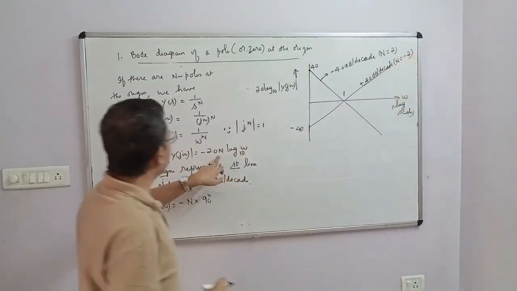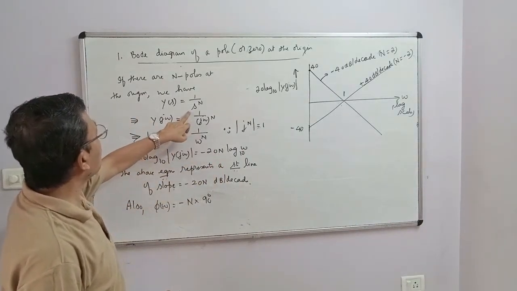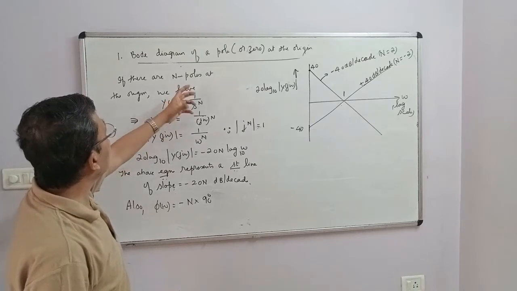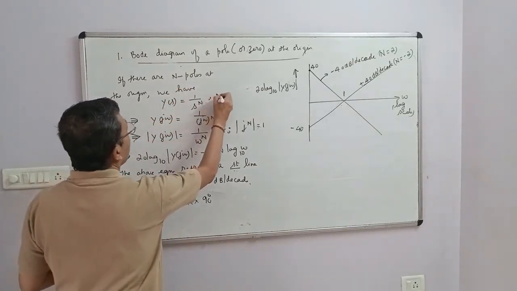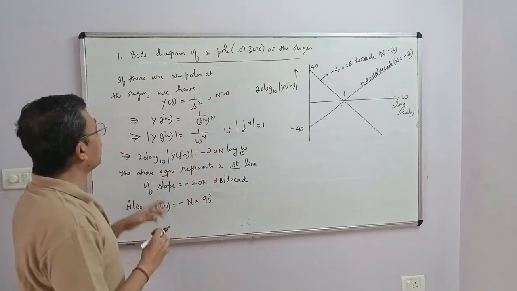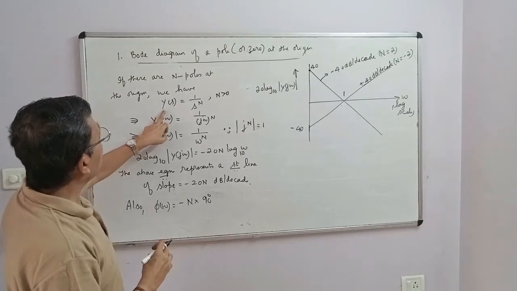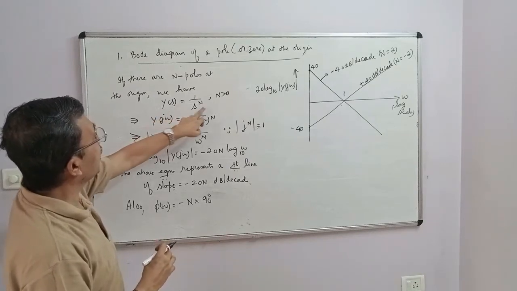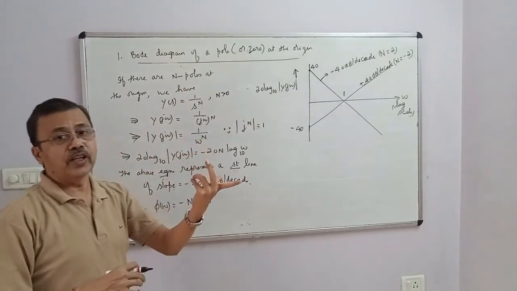When n is minus 2, this becomes plus 40, and this pole becomes a zero. Here, for positive values, n is greater than 0. If n is less than 0, for example n equal to minus 2, Y of s will be s square. That means 2 zeros at the origin.